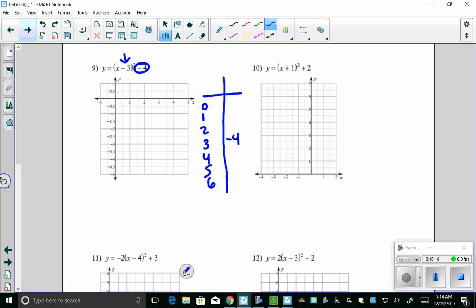You're going to do 0 minus 3 parentheses squared minus 4 gives me 5.